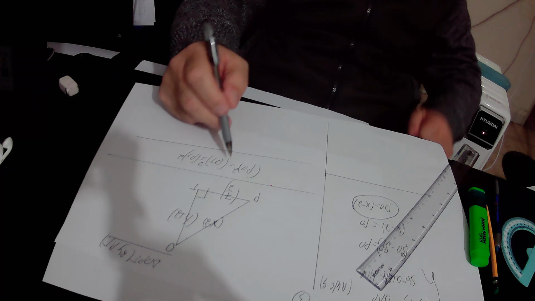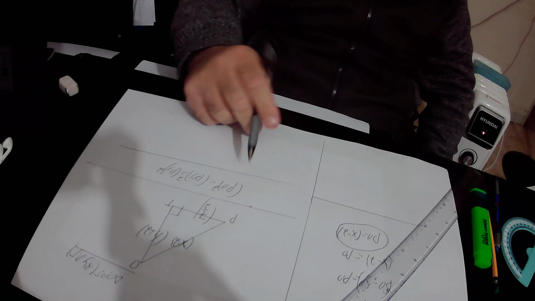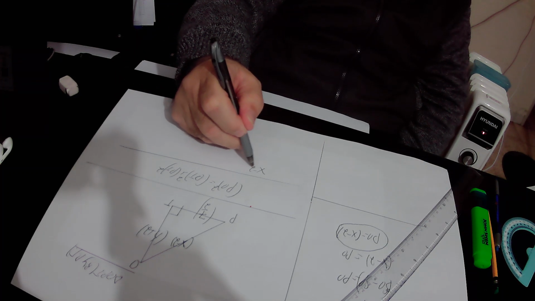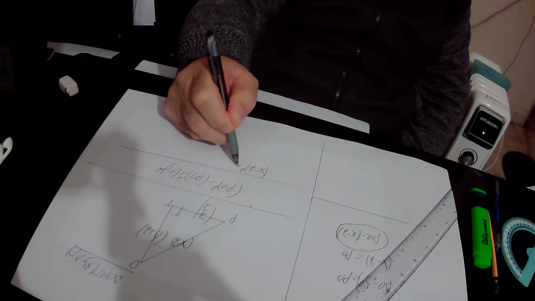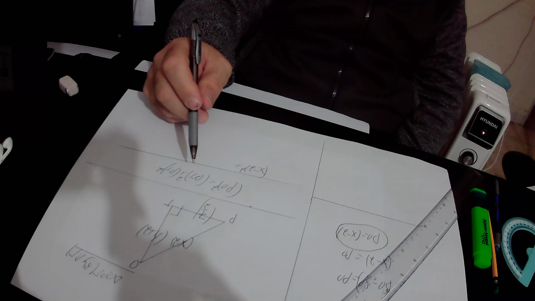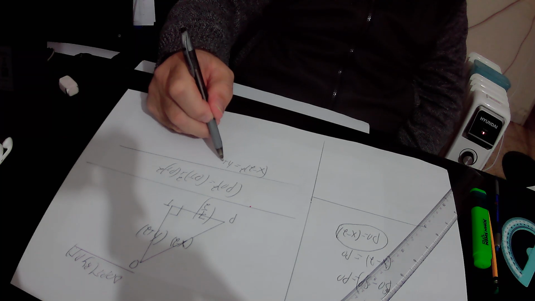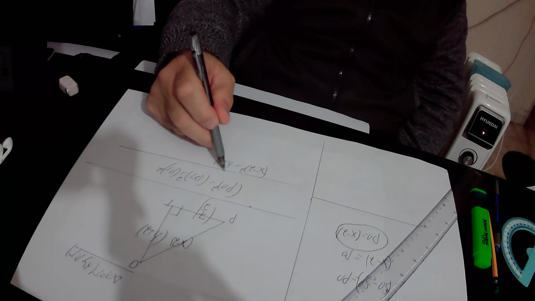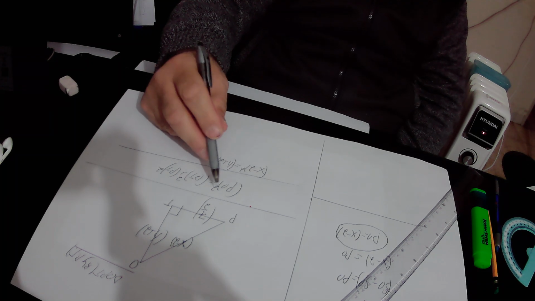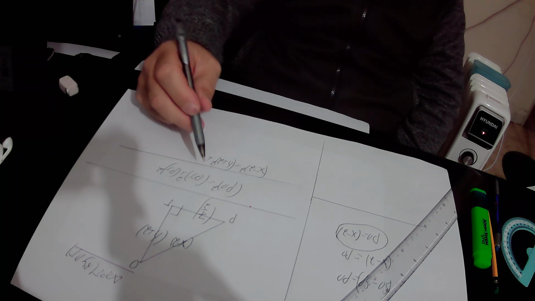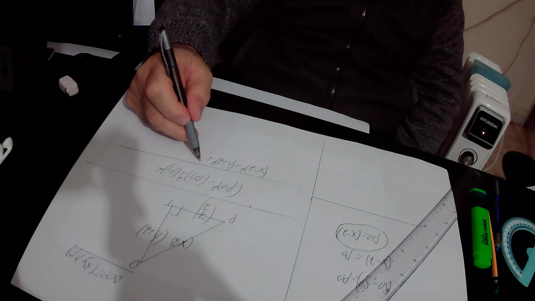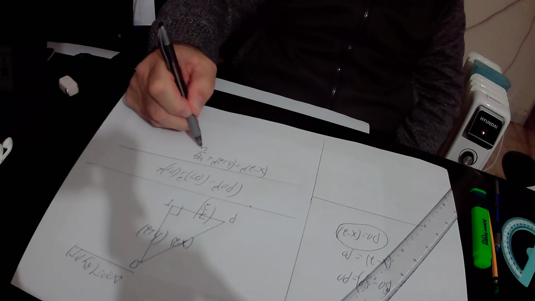PO is x minus 2, therefore PO square is (x minus 2) square. And it equals OT square. OT is h plus 2, therefore OT square is (h plus 2) square, plus PT square. PT is 7 over 2, therefore PT square is (7 over 2) square, that is 49 over 4.